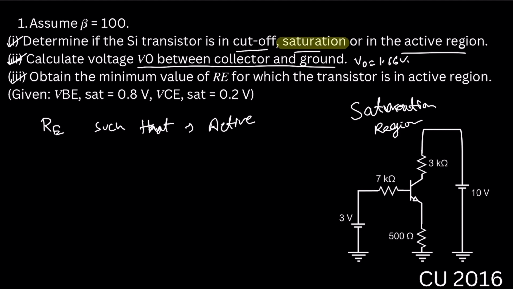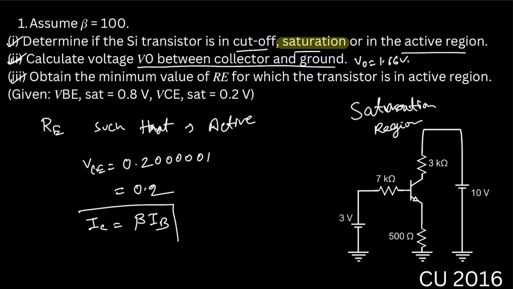That means the saturation, it is just in the limit. That means the voltage will be 0.2. VC will be just 0.2000001, or you can write down 0.2. Okay, and we can also apply IC equal to beta into IB. With these equations, we need to find out the value of RE.